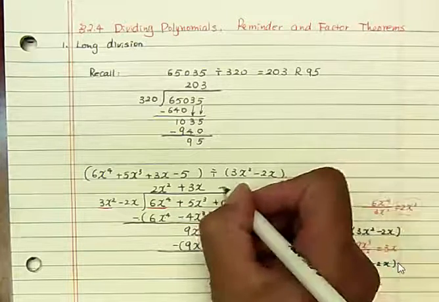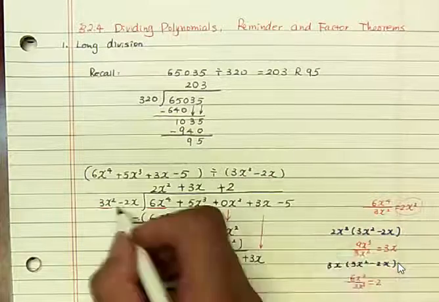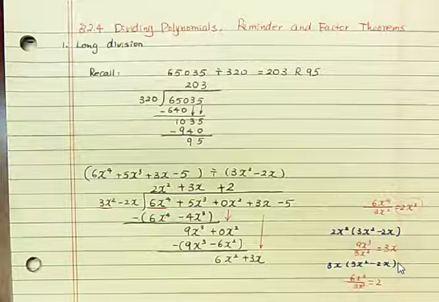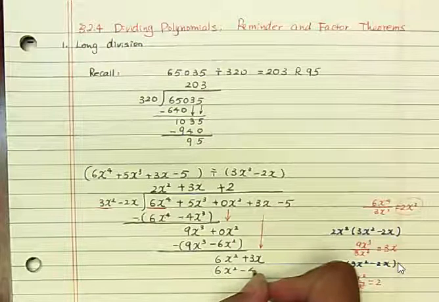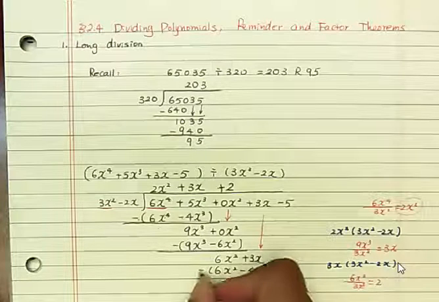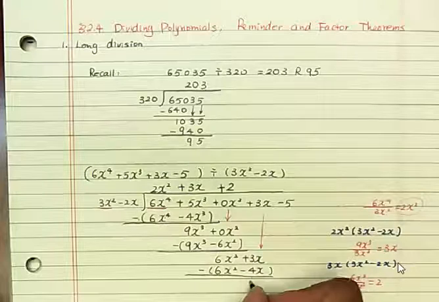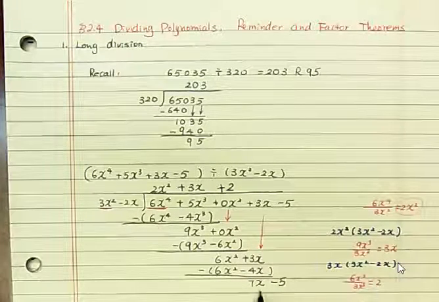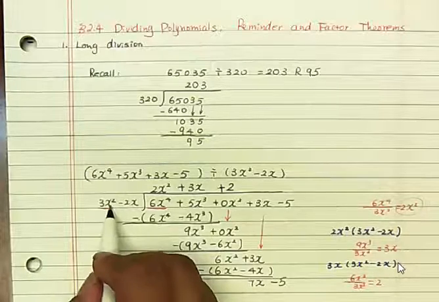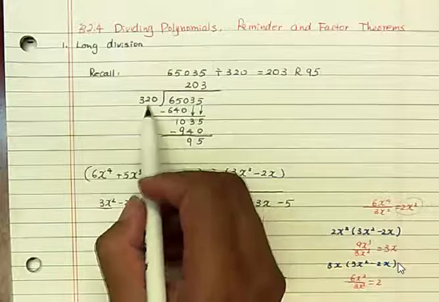Plus 2. Okay, so using 2 times the divisor, that will be 6x squared minus 4x. We are going to subtract that, so that's 0. 3x minus negative 4x, that's 7x. Bring the next term down, minus 5. Well, this one, the degree is less than the divisor's, just like your remainder is less than your divisor.